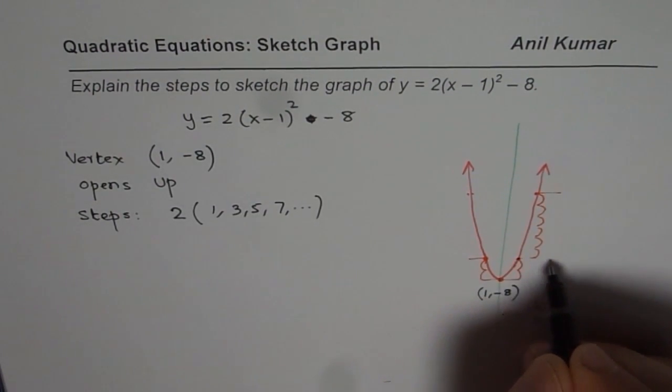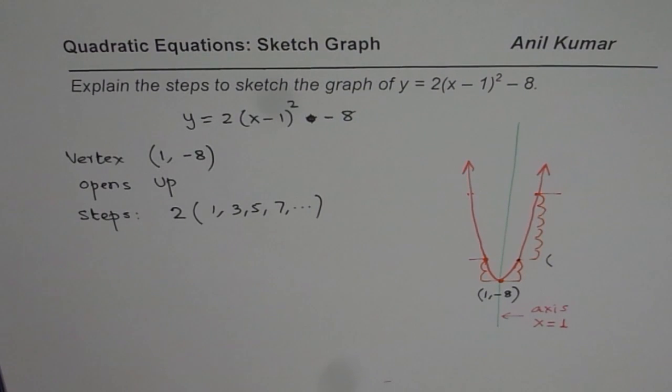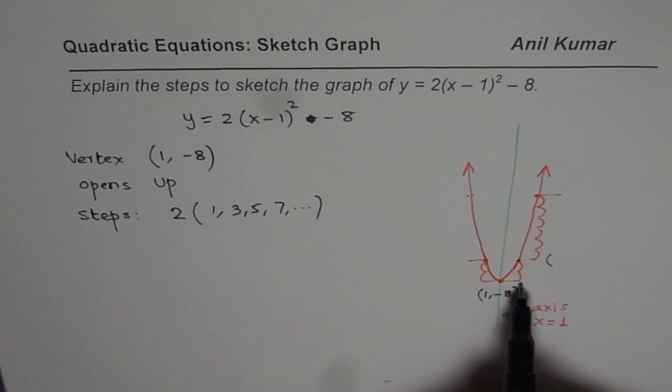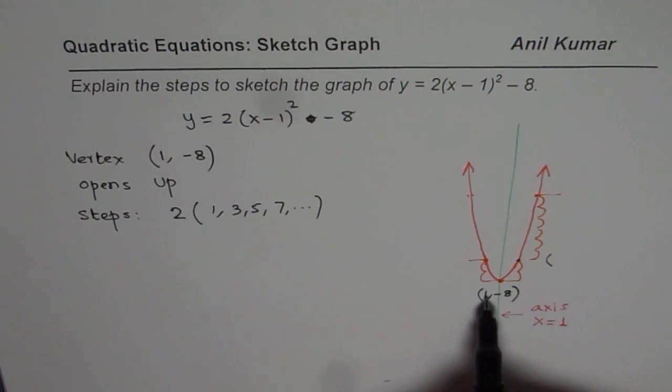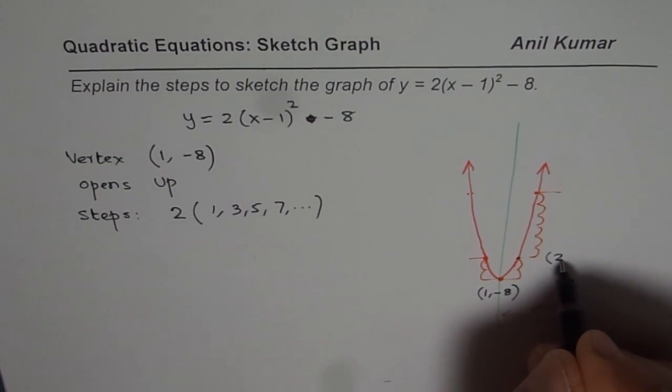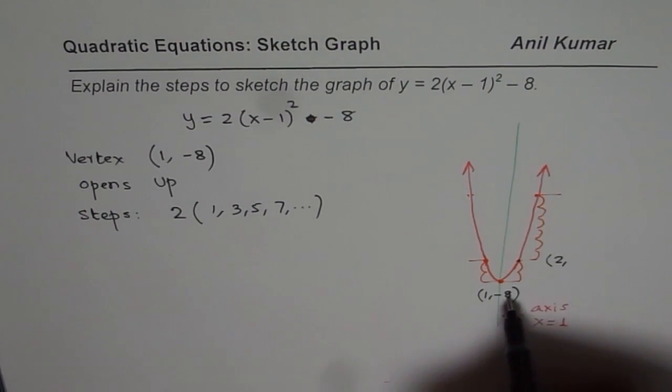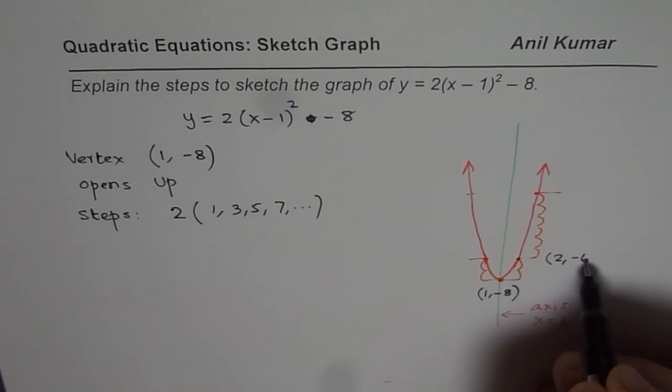Let me give you the coordinate points without even calculating, right? I mean, my calculations are different from the calculation by computers or by calculators, right? So we have moved 1 unit to the right. That means the x value will become 2. And we have gone 2 units up. So the y value will be 2 more than minus 8. So it will be minus 6. Do you see that?